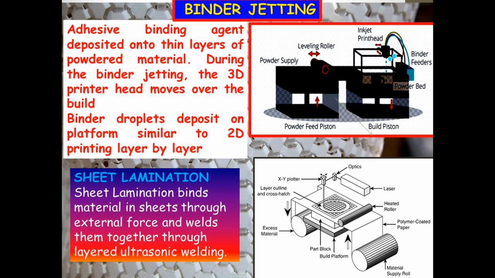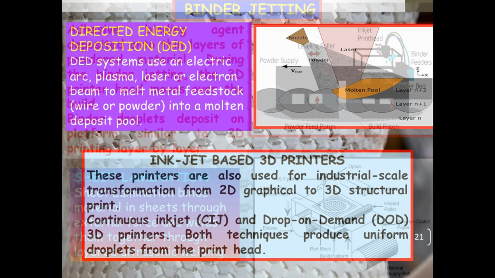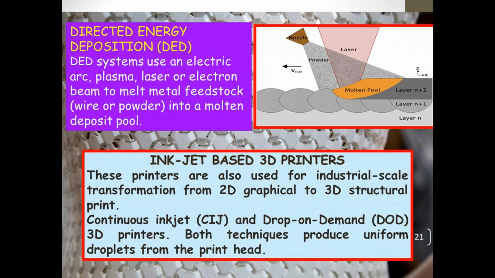Sheet lamination binds material in sheets through external forces and welds them together through layered ultrasonic welding. Directed energy deposition (DED). DED systems use an electric arc, plasma, laser or electron beam to melt metal feedstock, wire or powder into a molten deposit pool.